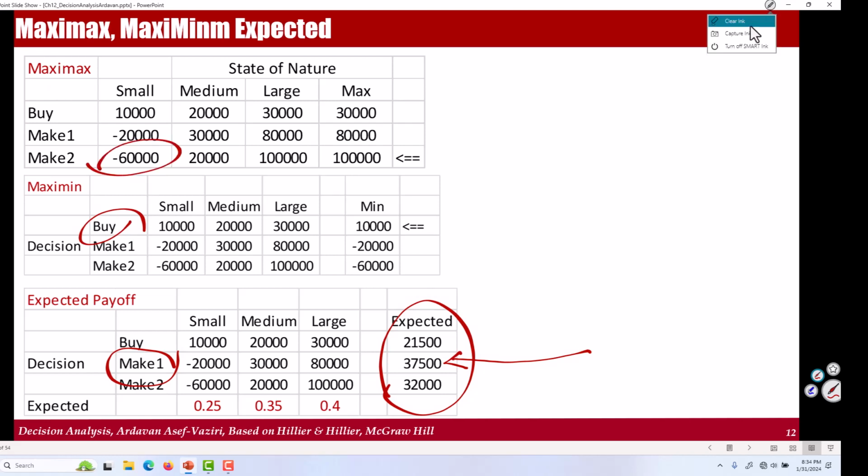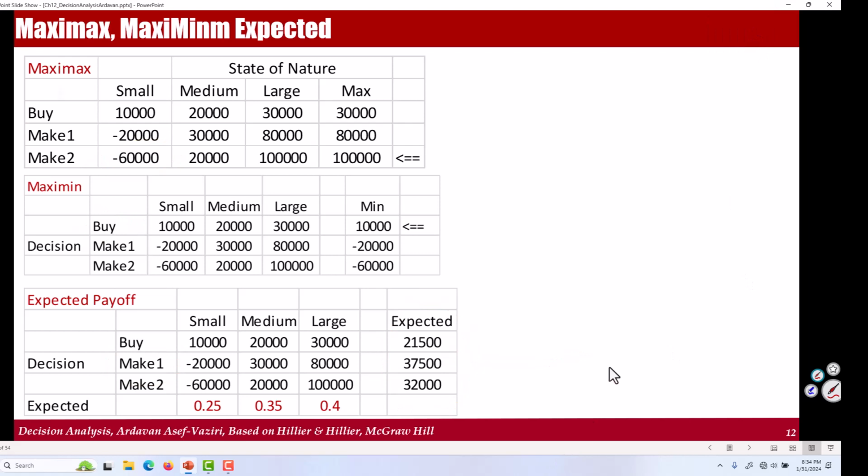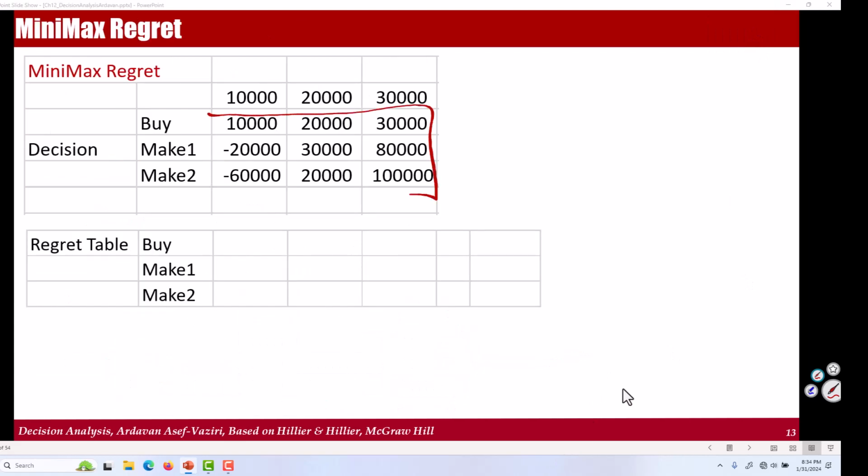Let's also look at maximum regret. This is our payoff. This is small market, this is medium market, this is large market. Those are the three states of nature. What is the best situation? This is 10,000. So if the state of nature is small and we have gone with this strategy, our regret is 0.